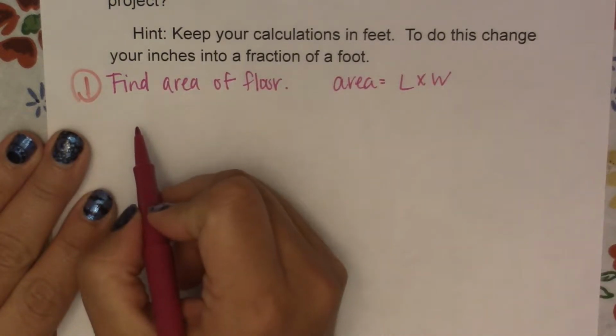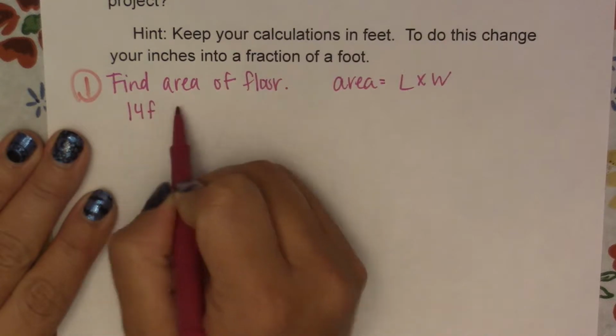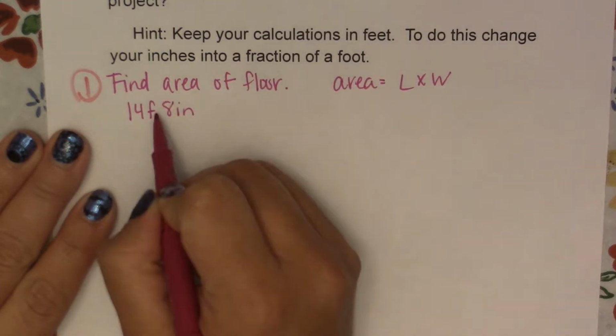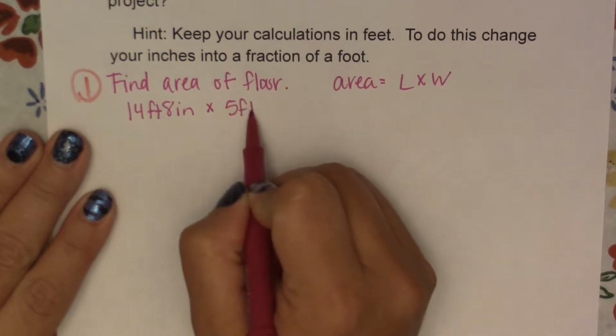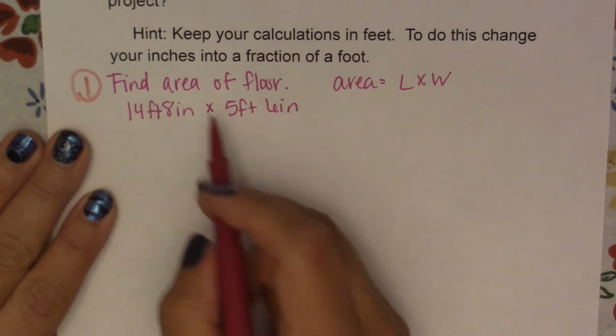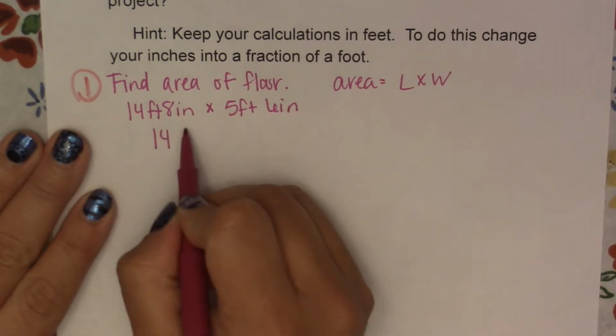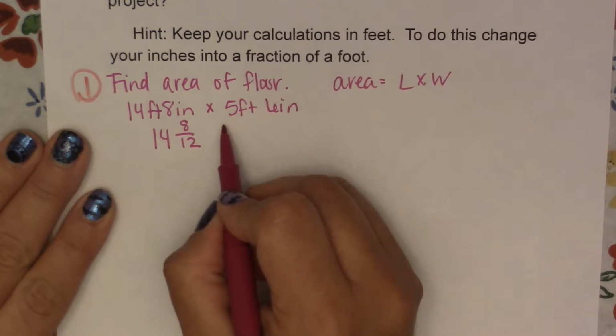So our bathroom floor is 14 feet 8 inches by 5 feet 6 inches. So I'm going to change these into mixed numbers. So 14, and I know there's 12 inches in a foot.